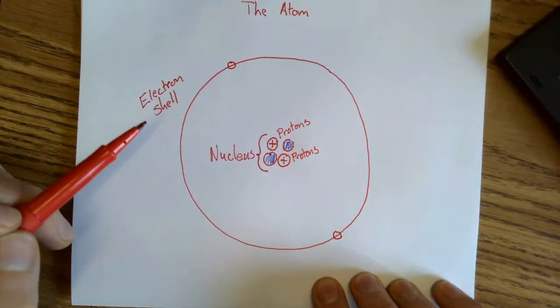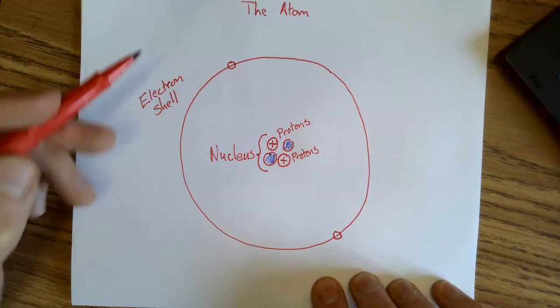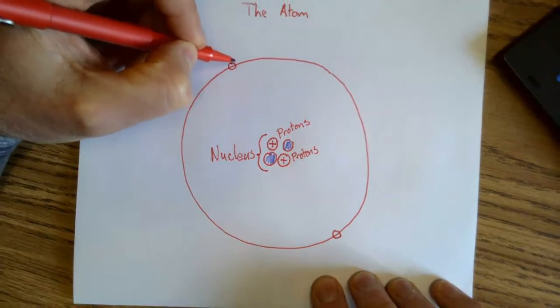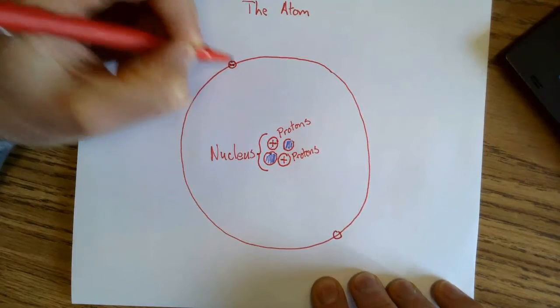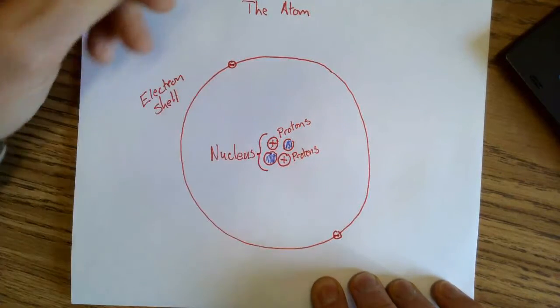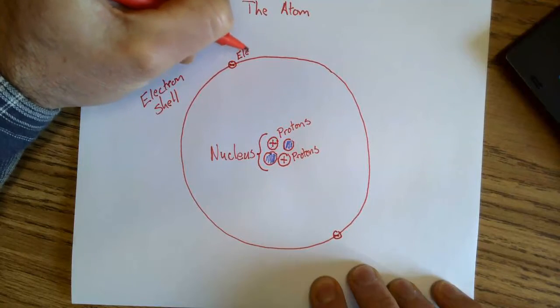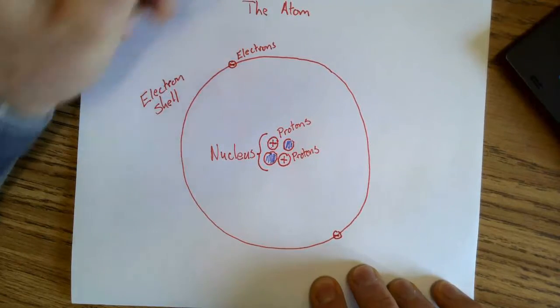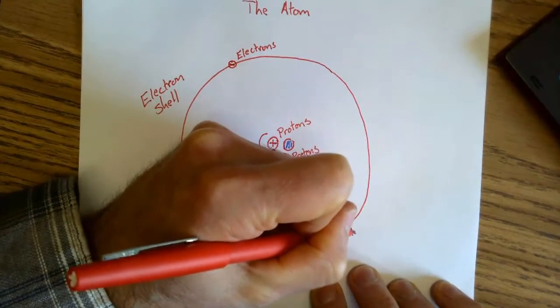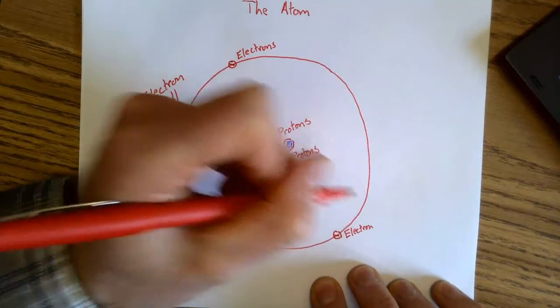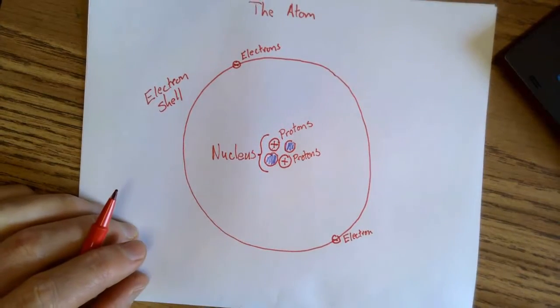They're called subatomic particles in the atom. Now, these little electrons on the outside, put a little negative symbol on those, because the electrons are negative. They carry a negative electric charge.